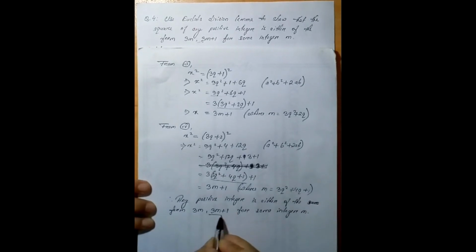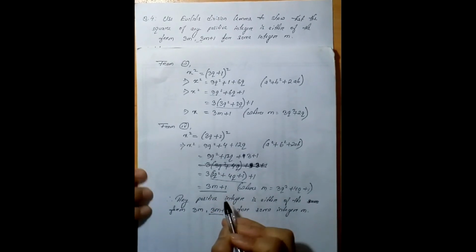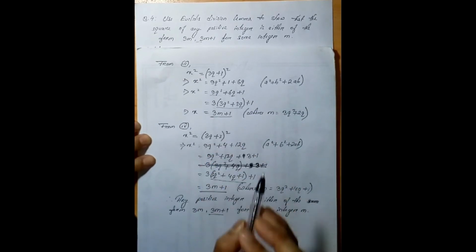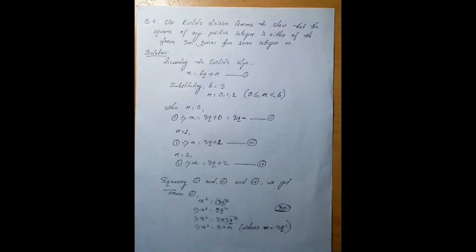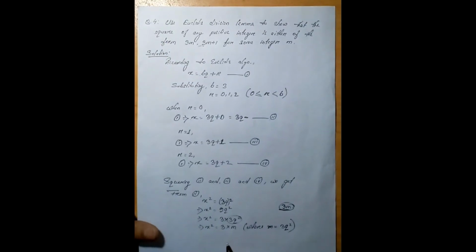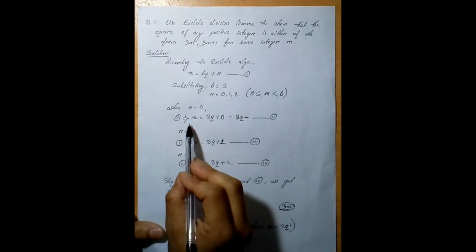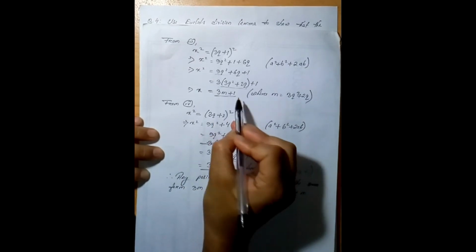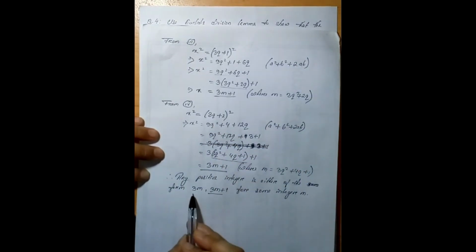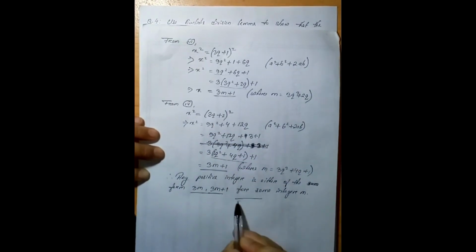So 3m we get here in the first equation, and here also we are getting 3m plus 1, and 3m we got in equation 2 here. So it is in the form 3m, 3m plus 1 and 3m plus 1. So these are the equations we got.